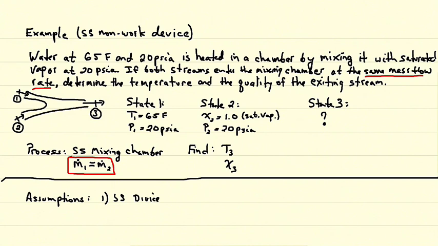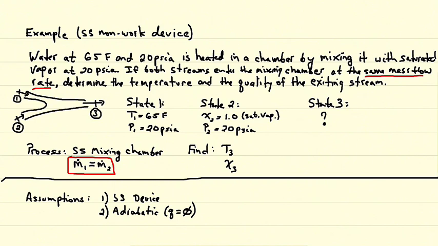The second assumption that we can make for our mixing chamber is that it's adiabatic. Remember, one of the typical assumptions that we can make for a mixing chamber is that it's adiabatic. And so in terms of any thermal energy transfer between the system and the surroundings, that Q will be equal to 0.